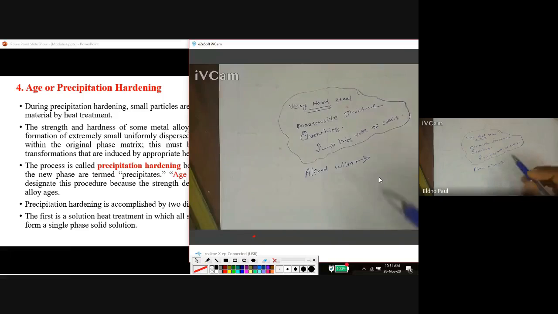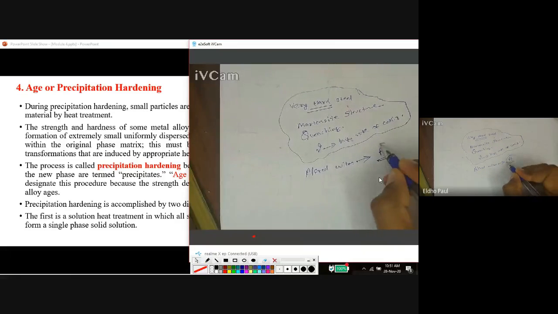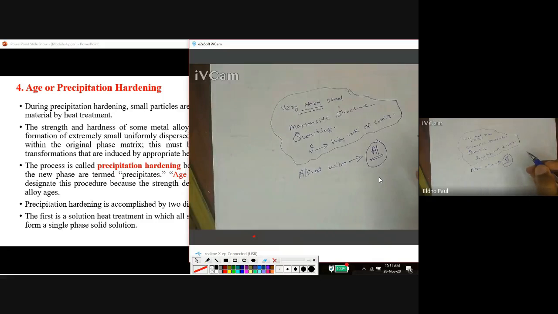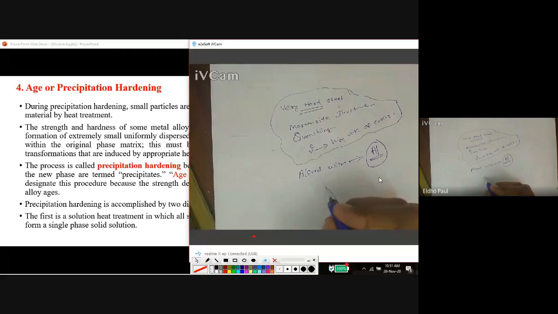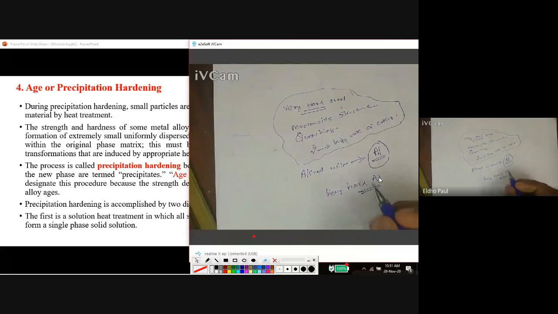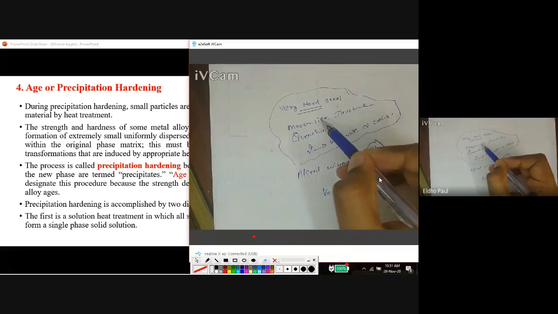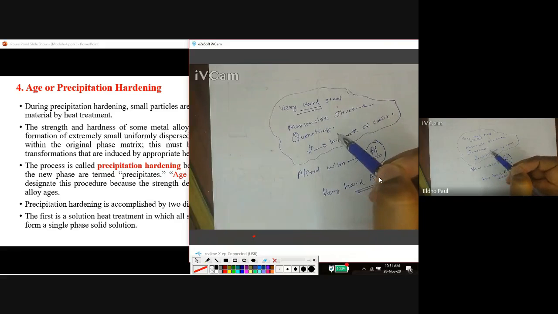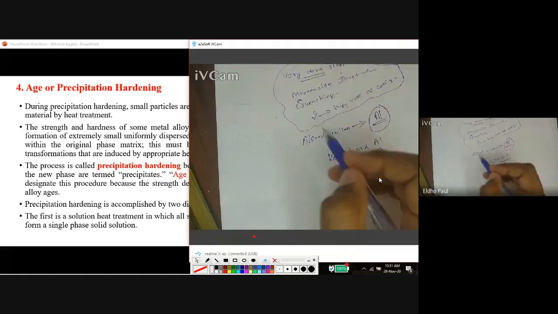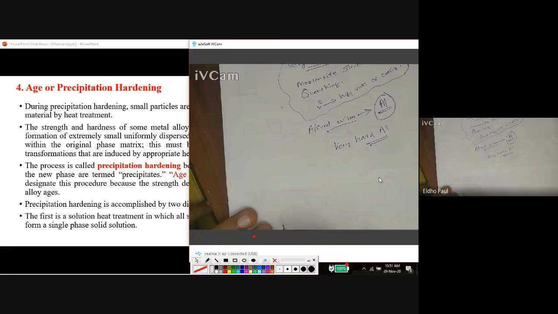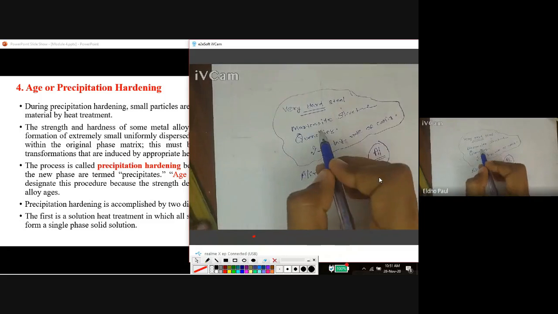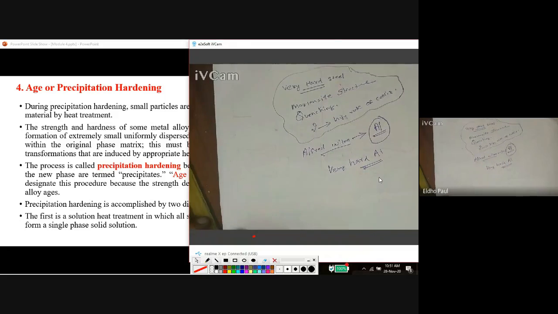Then can we apply the same principle to aluminum? Because aluminum is an important engineering material. How can we make a very hard aluminum material? We can do the same operation as for steel, so Alfred Wilm conducted an experiment similar to martensite formation on aluminum.